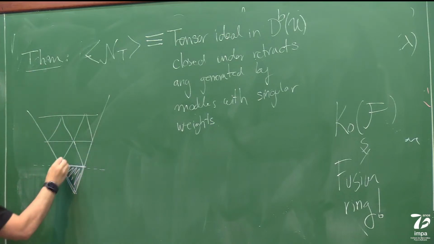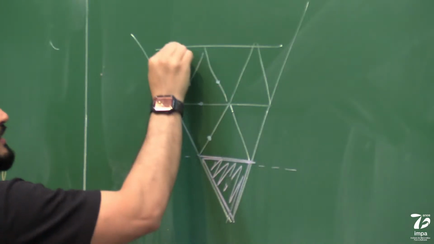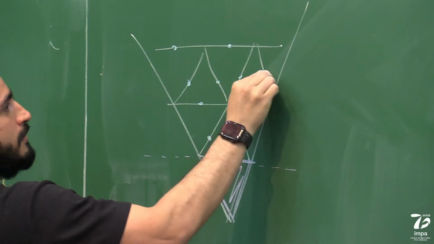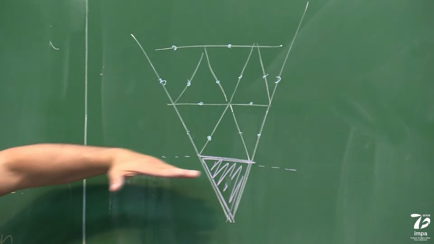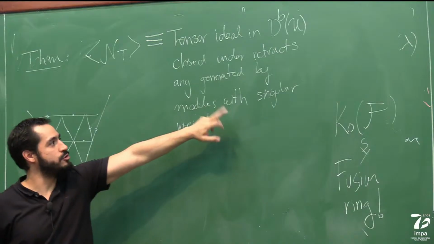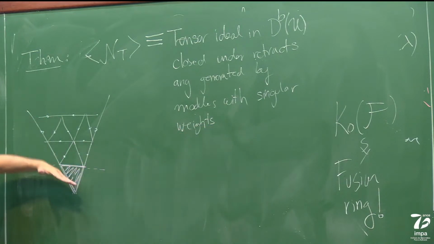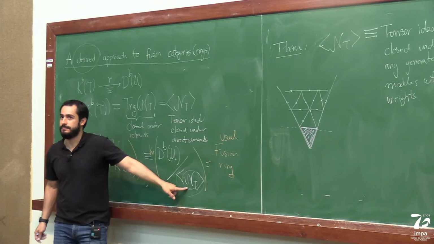So you can start thinking about the simple modules which have weights in these walls, and also in this part of the walls. All these simple modules with weights in the walls are the so-called modules with singular weights. And all these modules generate this ideal as a triangulated category.